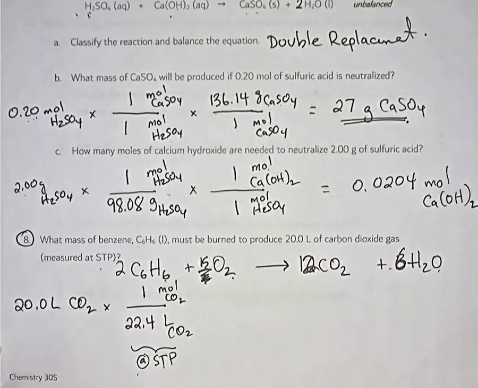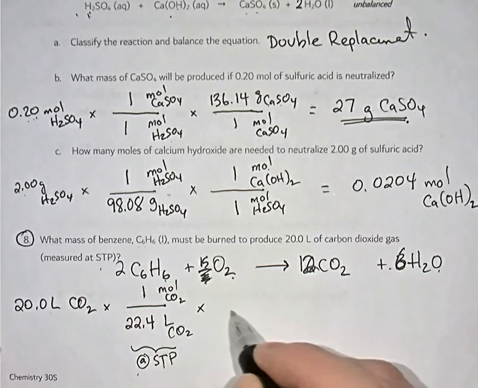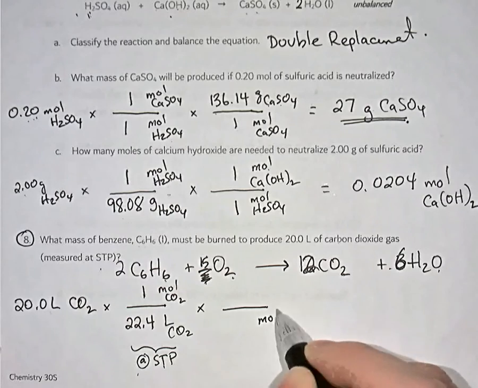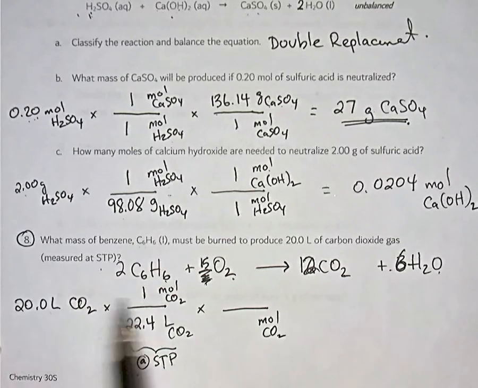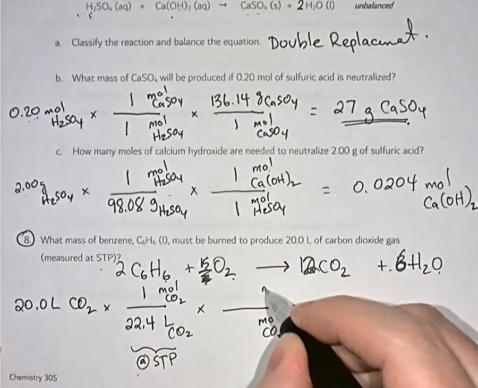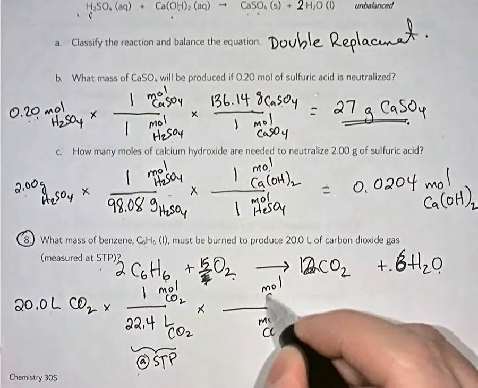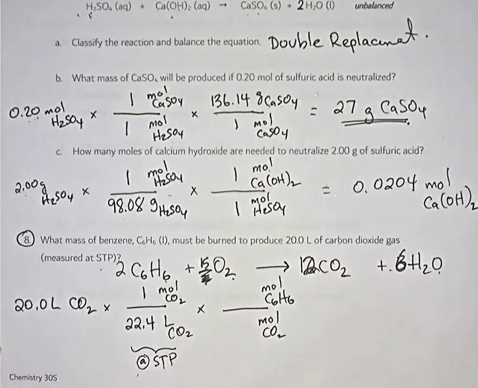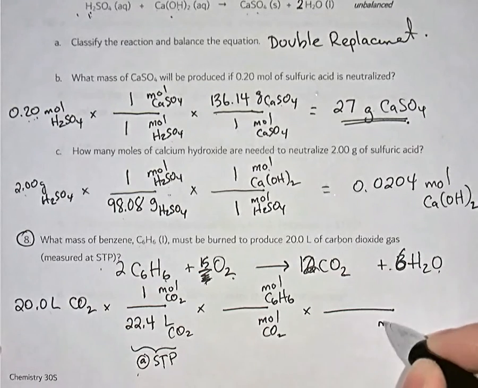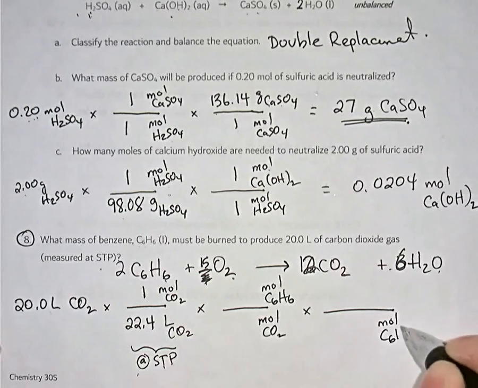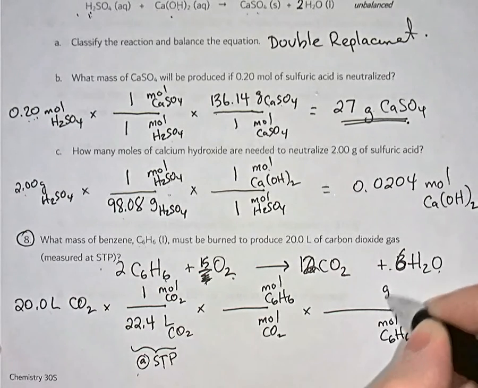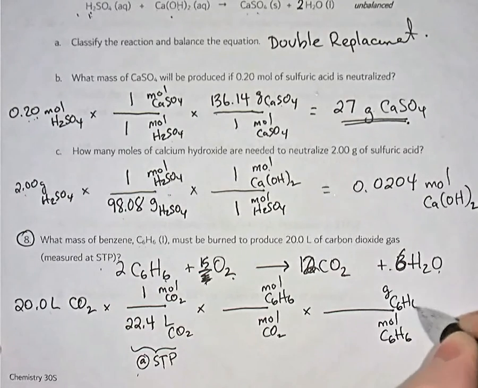We're trying to find the grams of benzene. So next we would take the moles of CO2, and using the equation, we can switch moles of CO2 to moles of benzene. And finally, we didn't want moles of benzene, we wanted the mass of benzene. So we can get rid of the moles of the benzene, and we can switch that to grams of benzene.